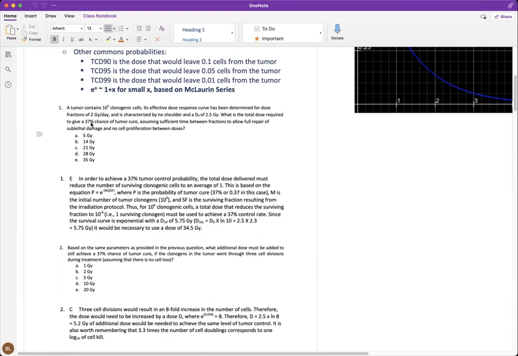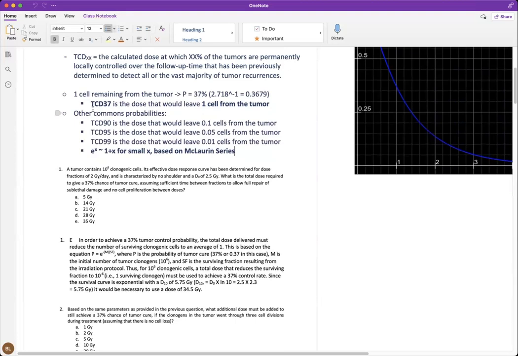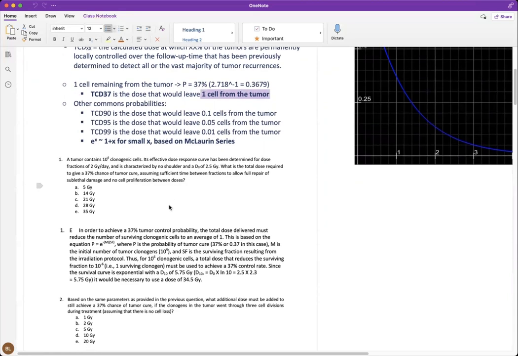Note they threw out 37%, and you might recognize this is e to the negative 1. So they're asking about the chance of leaving one cell from the tumor. The answer here was E, 35 gray. Let's see how they did that.